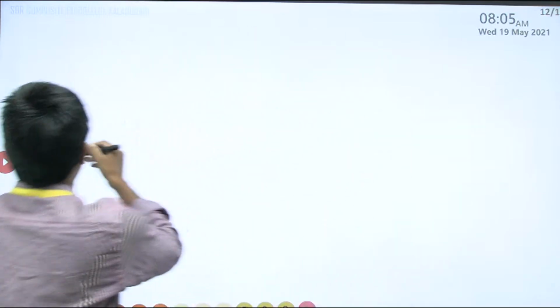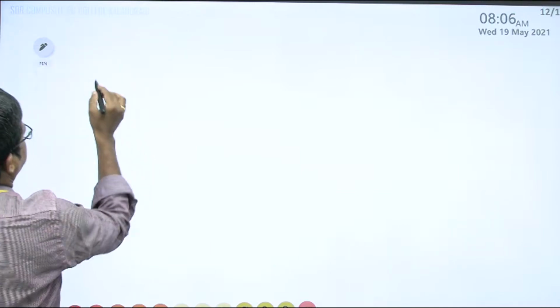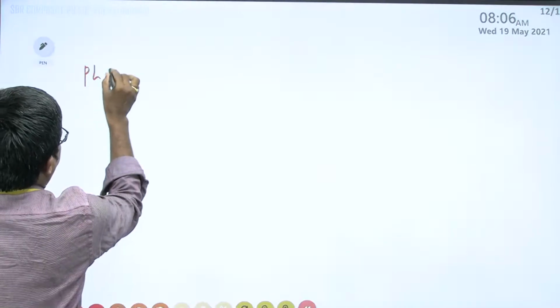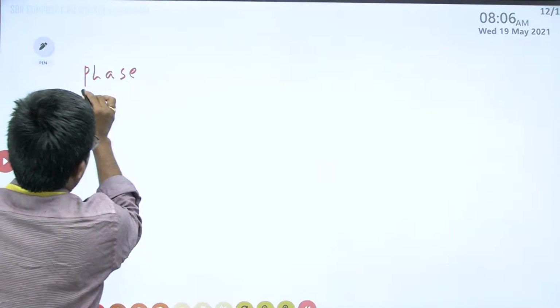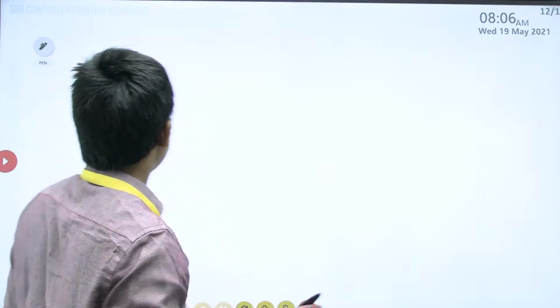Here, let me define first phase. What is the phase of a wave? Phase of a wave. See here.